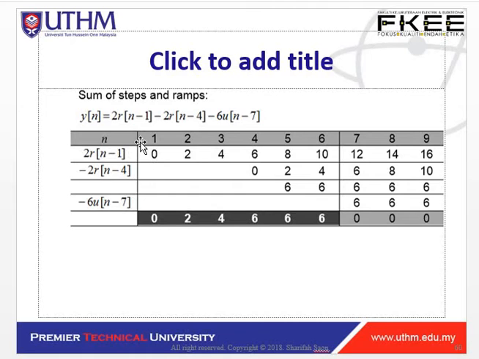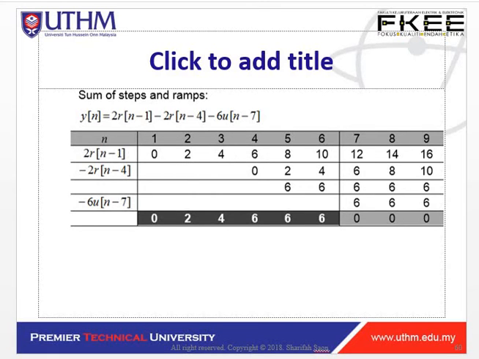The amplitude needs to be 2, 4, and 6, so you have 0, 2, 4, 6 and then 8, 10, 12, 14. So this is the ramp 2R[n minus 1]. And then what else? You have 6 here. 0, 0, 2, 4, 6.